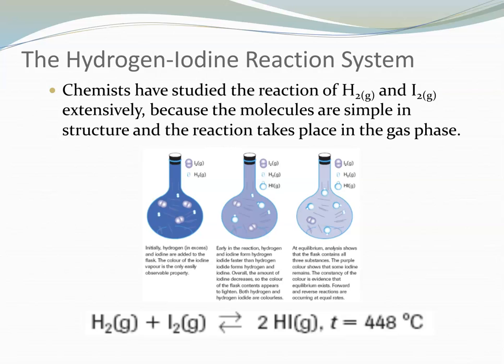Initially, the flask only has hydrogen and iodine molecules, but as they react, the amount of hydrogen iodide increases. Eventually, the system reaches equilibrium and the numbers of each entity will stay the same, although it is known that forward and reverse reactions are still taking place.